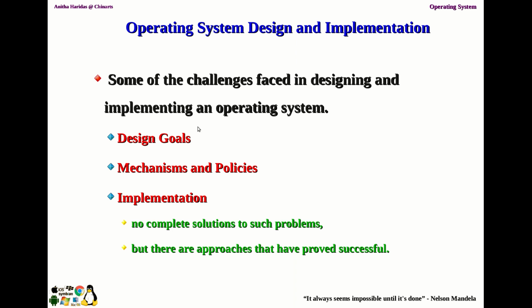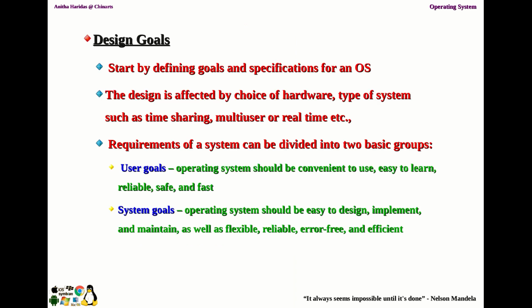If you take these problems or challenges, there is no complete solution to them, right? But there are some approaches which have proved successful in solving these problems. Let us see what the solutions are. Talking about the design goal challenge, it starts by defining the goals and specifications for an operating system.